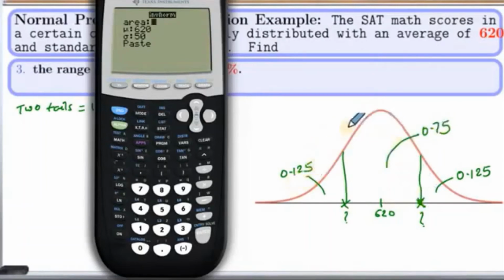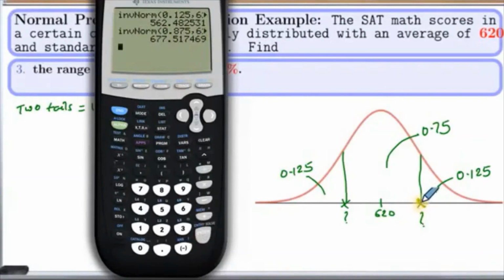When you add these two numbers, you will get 0.875. So let me type that there, 0.875. Now our mean is the same, which is 620, and our standard deviation is the same, which is 50. Then hit enter. So I got this number here, and this is the number for this point.